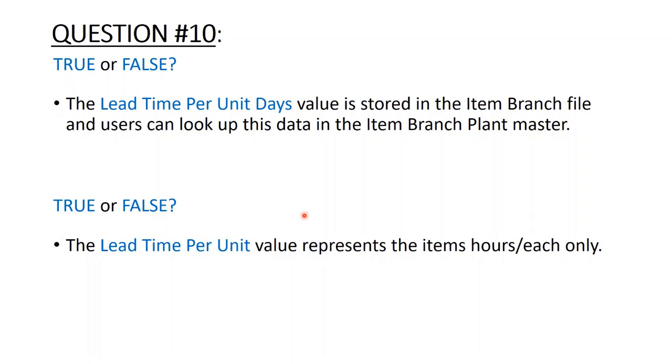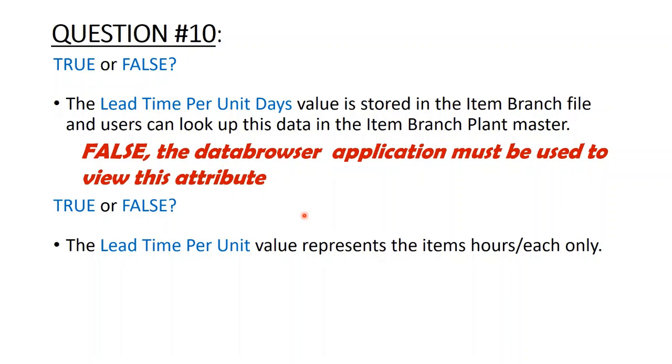The lead time per unit days value is stored in the item branch file, and users can look up this data in the item branch plant master. False. The data browser application must be used to view this attribute. Remember, it's not shown in the item branch application. You have to look it up in the file.